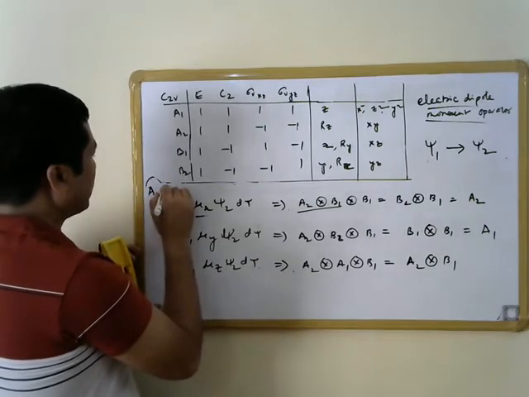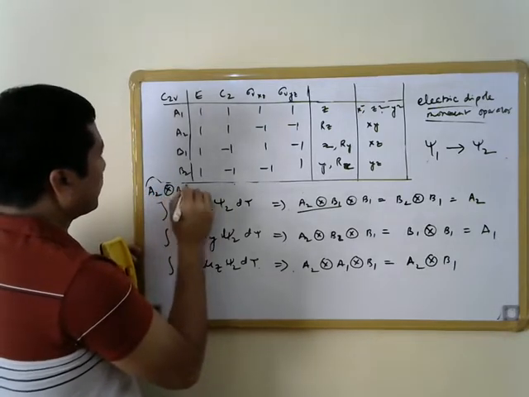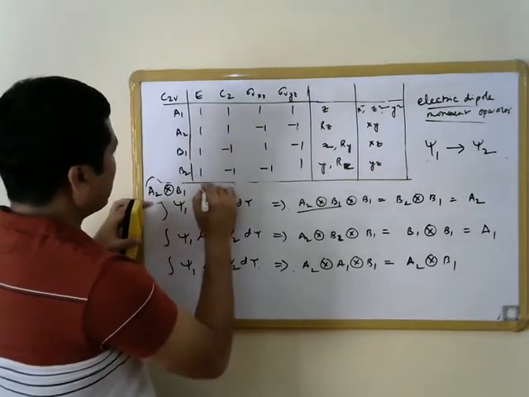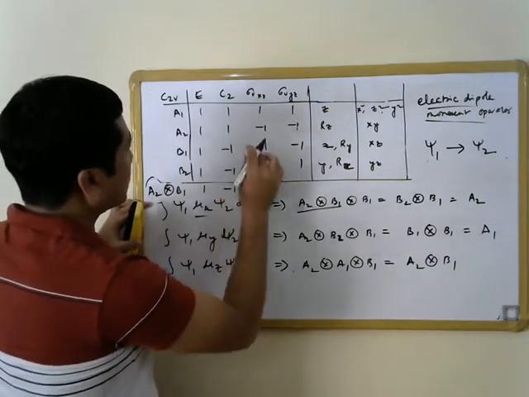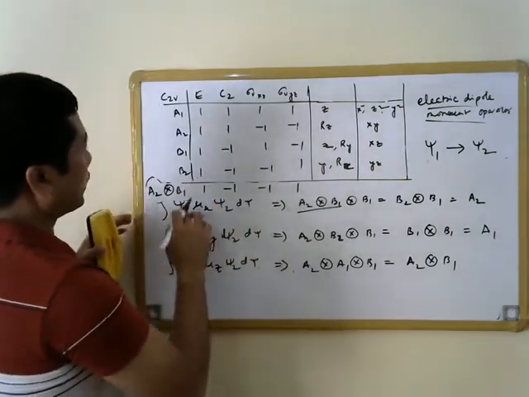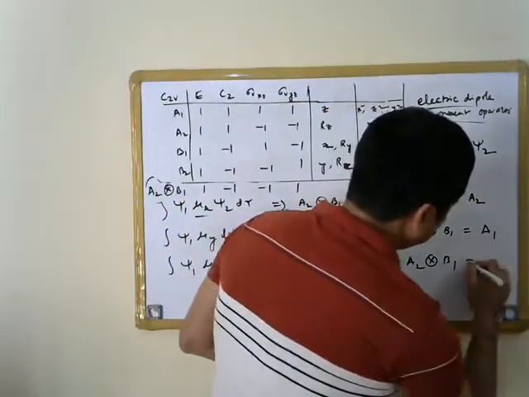So a2 into b1 essentially gives us 1, minus 1, minus 1, 1, which is equal to b2.